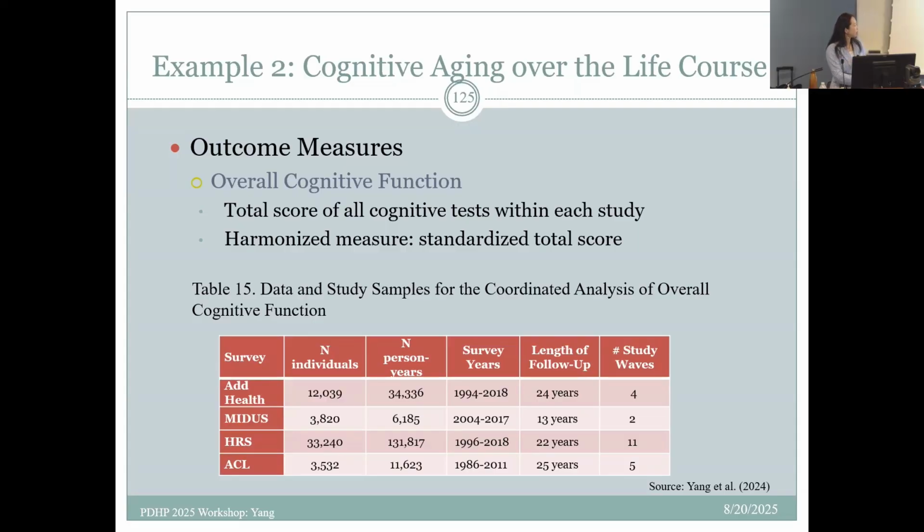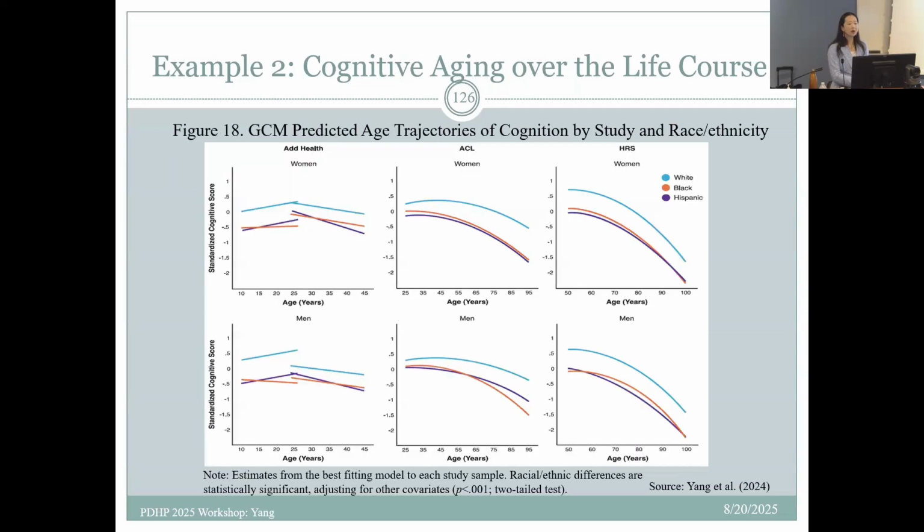And here is a summary of the 4 studies that have different kinds of cognitive measures, including the ACL, which was not included in the pooled IDA. You can see it's still a pretty sizable sample for each individual study. Here are the major results of age trajectories by study, looking at race and ethnicity disparities across the life course.